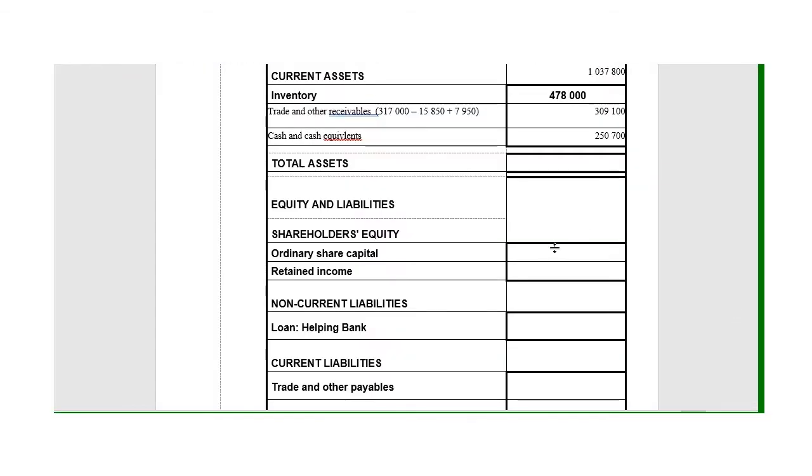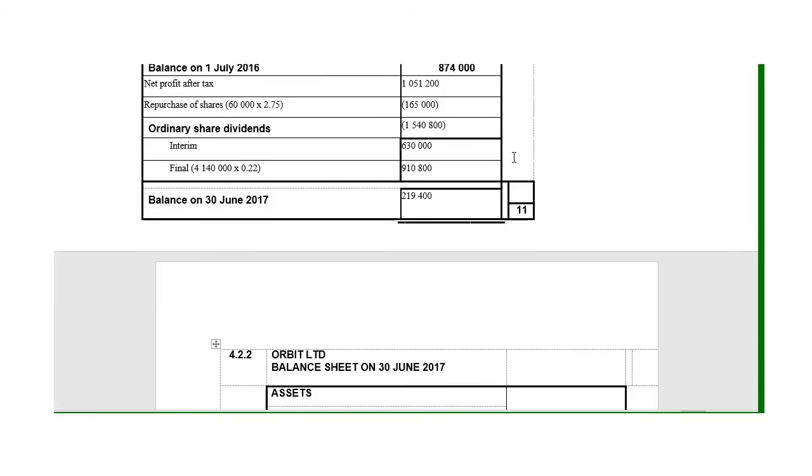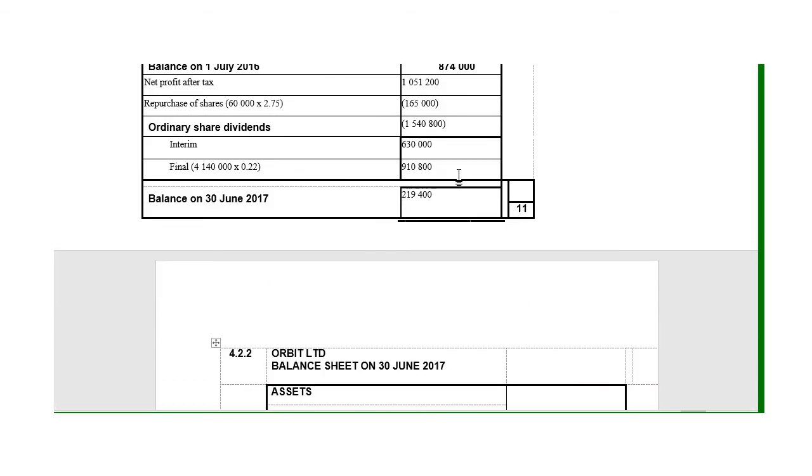So I must put that in. As long as you put in what you got there, you get a mark. So don't go and figure out some other figures. Use your note figures. It's 3,105,000. And my retained income was 219,400.